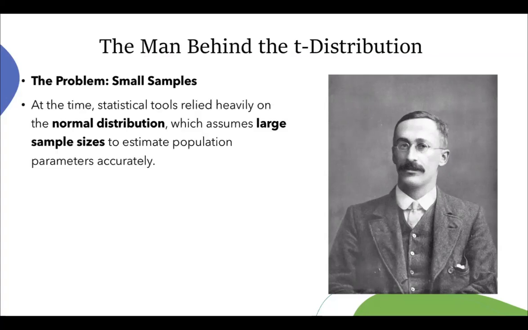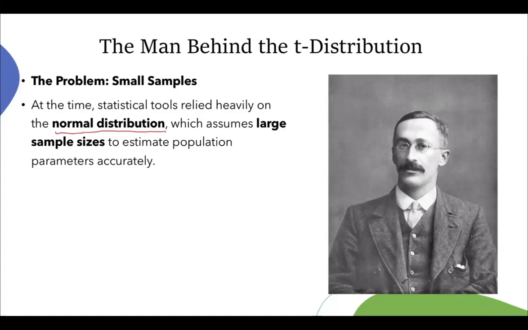Statistical tools, if you remember from our previous few lectures on sampling distributions, were normally distributed only if our sample size was large enough, especially if we're working with a population where the shape was unknown or just not normal.